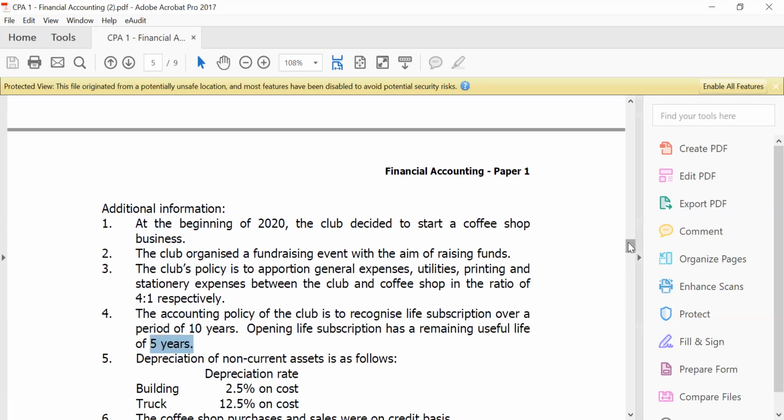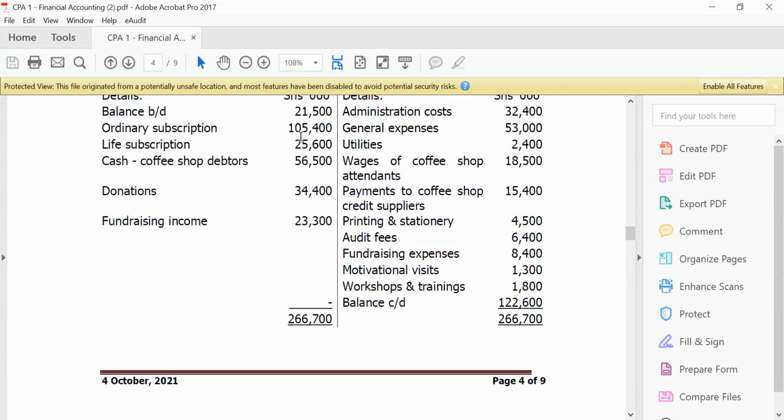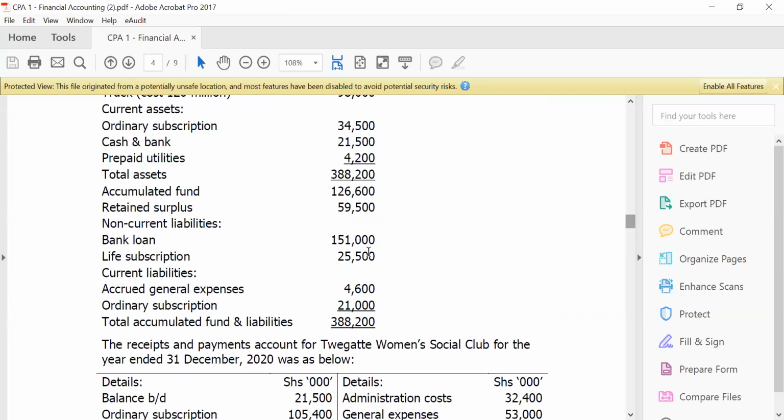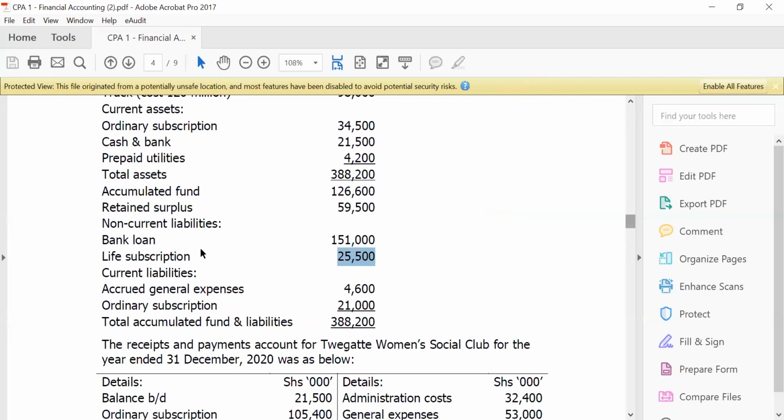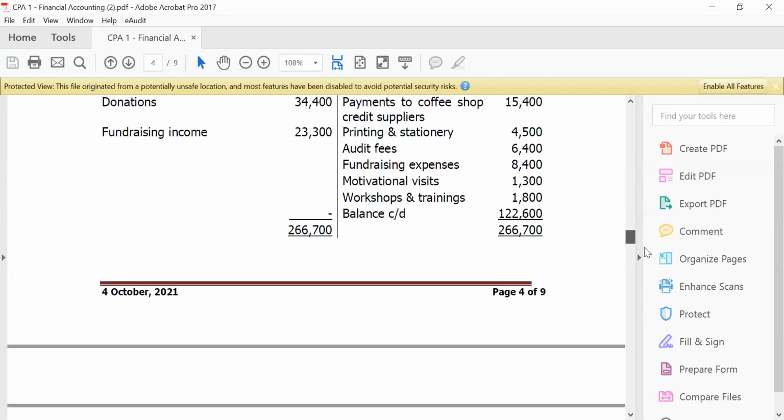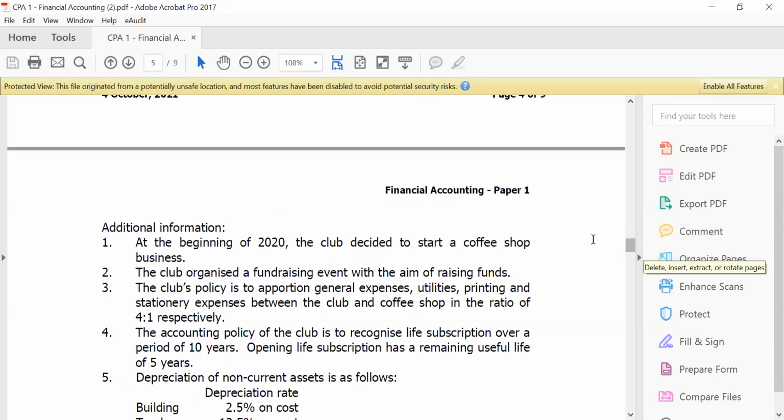So the one they contributed here, we shall recognize it for 10 years. But the one that we have in the opening balances, as at 1st January 2020, they are telling you that this life subscription 25,500 has a remaining useful life of 5 years. So they have already charged it for the previous years. It only remains with 5 years.